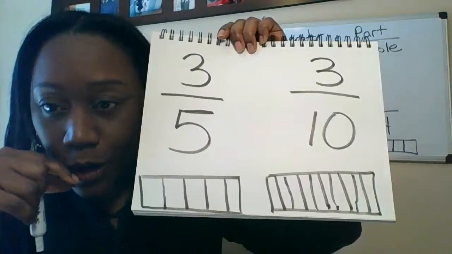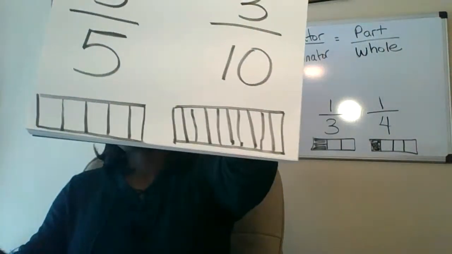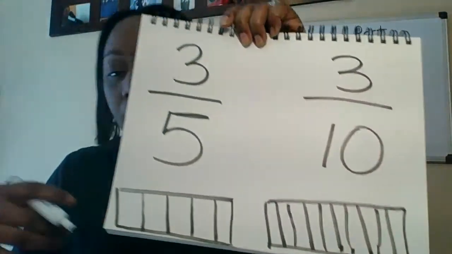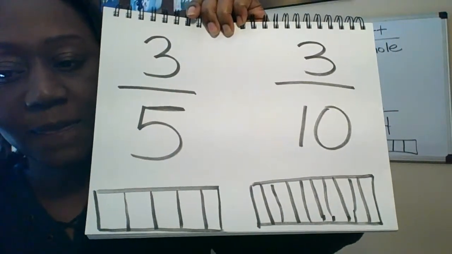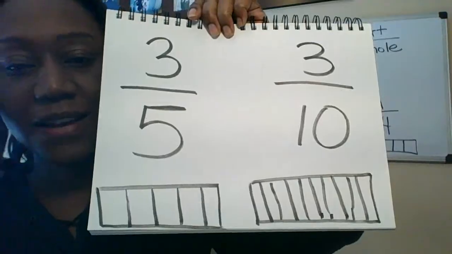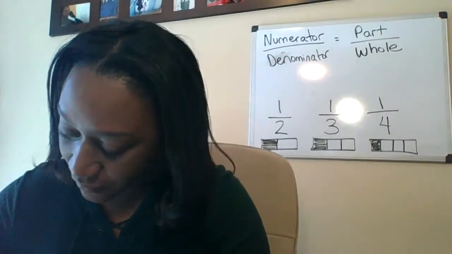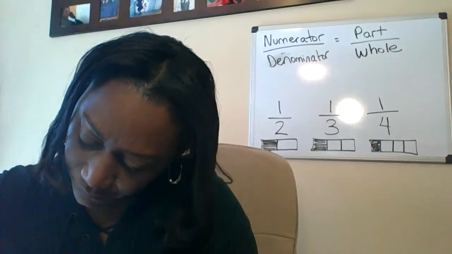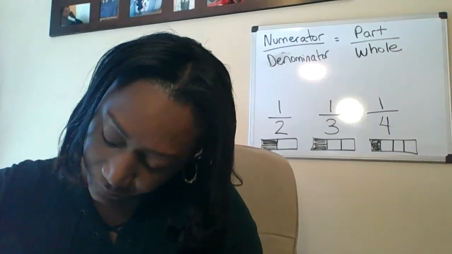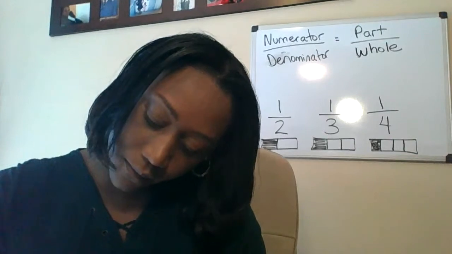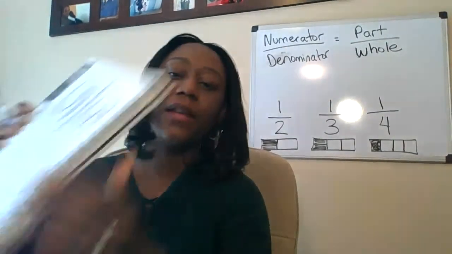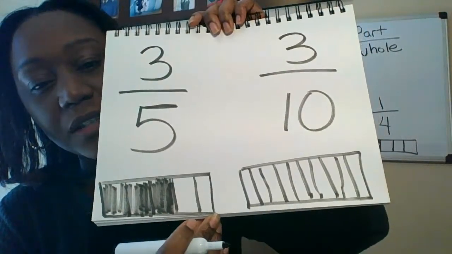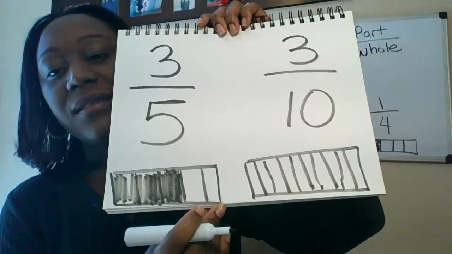Which one is more? You just have to wait. Let's see who's right. I've shaded in my 3 out of 5. Now I'm going to shade in my 3 out of 10.